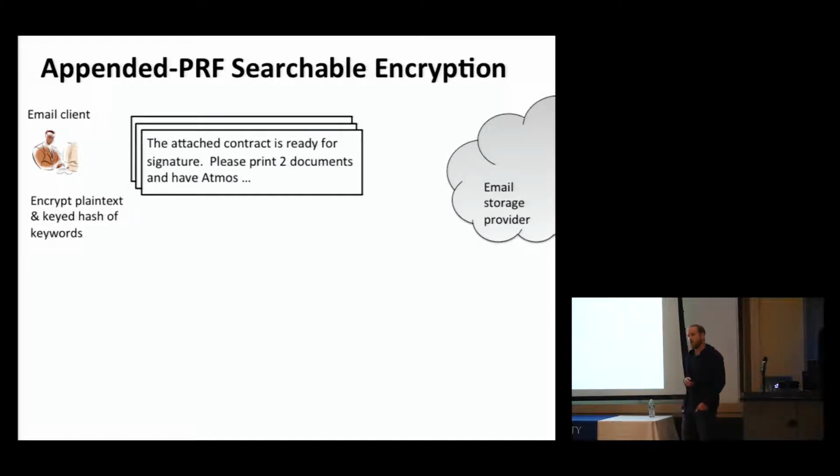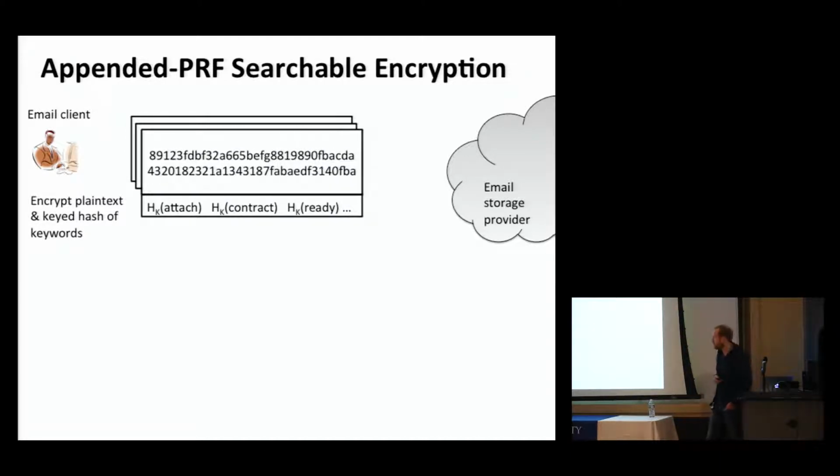And then you're simply going to run them through a pseudorandom function, or a PRF, which is just a keyed hash function. And you just append this to the plaintext. You also encrypt the email under a regular symmetric encryption scheme. And then you're done. You now have this slightly larger ciphertext with appended PRF values on the end.